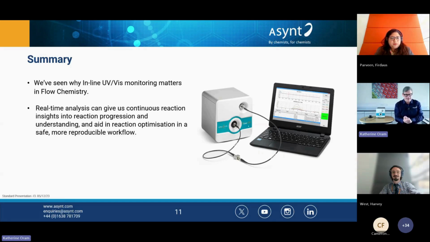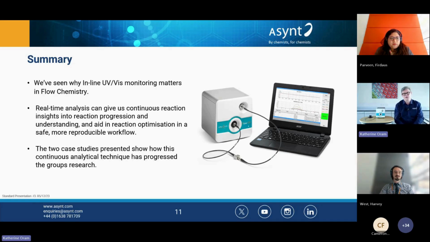That real-time analysis, as we've seen, as I've just stated, can give us real deep understanding of our reactions and our reaction progressions. And you can see we can put that anywhere in the flow process, in that fluidic process, so we can understand intermediate formation, product formation, and optimize our conditions around that. And again, two excellent case studies from our guest speakers today.